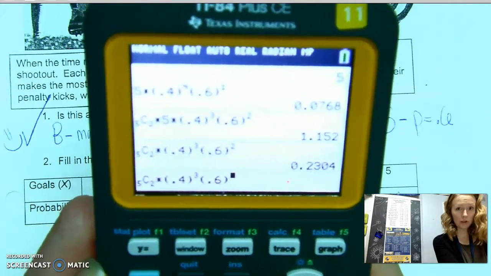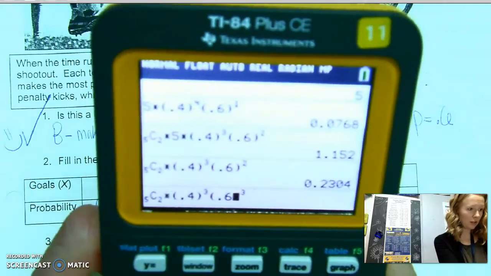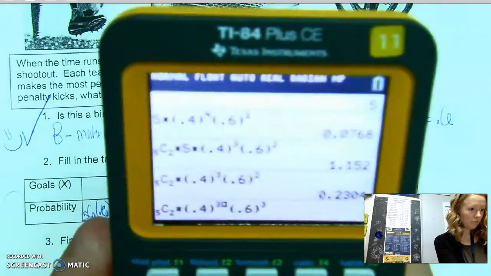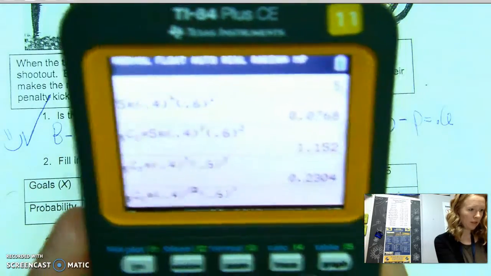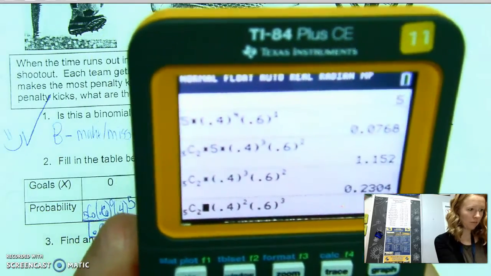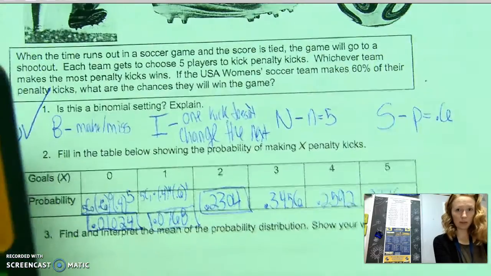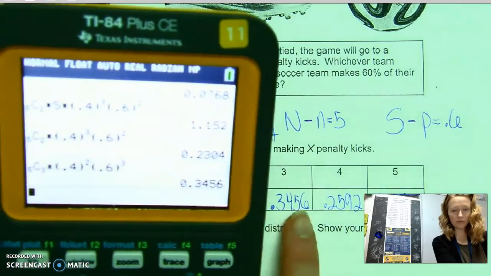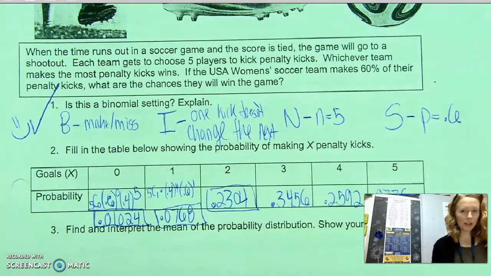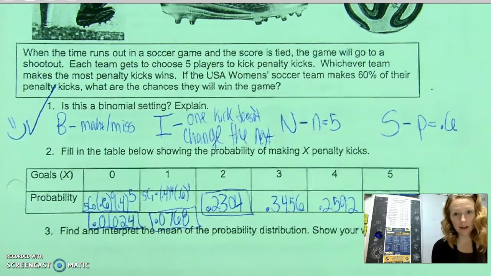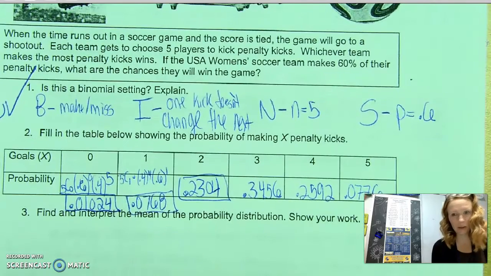All I have to do is highlight and change the values that I want to change, those exponents, and the number of successes. You can do that pretty quickly, so I get my next value here. And then I can keep changing those over and over again, and it makes everything flow a lot faster.